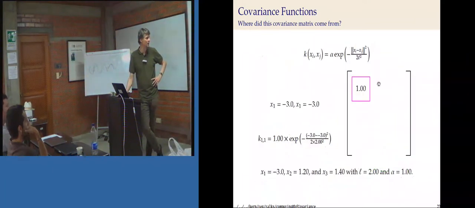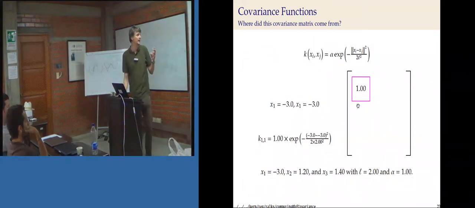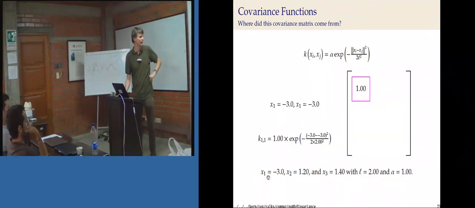And then we ask it to give us each element of the covariance matrix that we need given our input data. If we're given inputs, or indices, at -3, 1.2, and 1.4, we can put the first 2 in, which is -3 and -3. Of course, e to the 0 is just 1, because alpha we've set to 1, so e to the 0 is 1 times alpha.